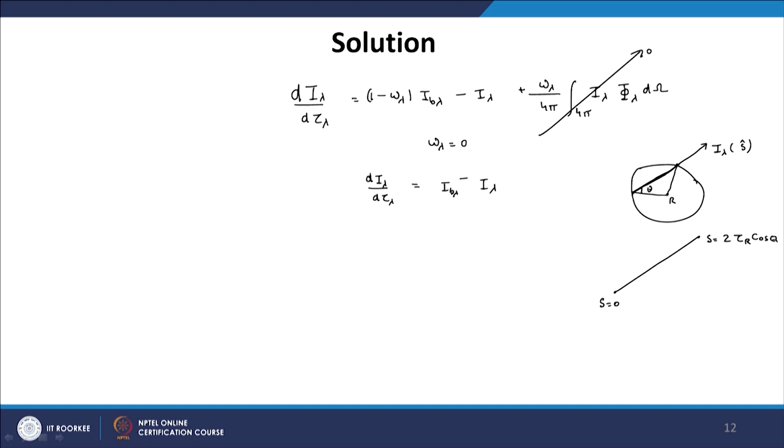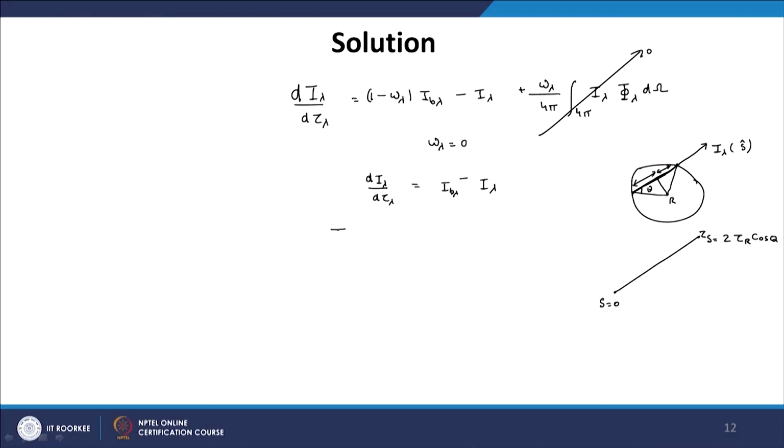This path, non-dimensional path I am talking. This distance is r cos theta, so this will become 2 r cos theta and we have multiplied by absorption coefficient to define the path. This is tau s, that means the optical path at the surface is equal to 2 tau r cos theta.